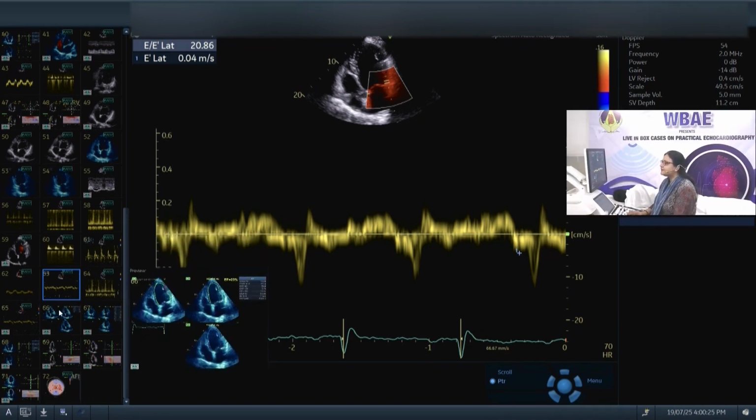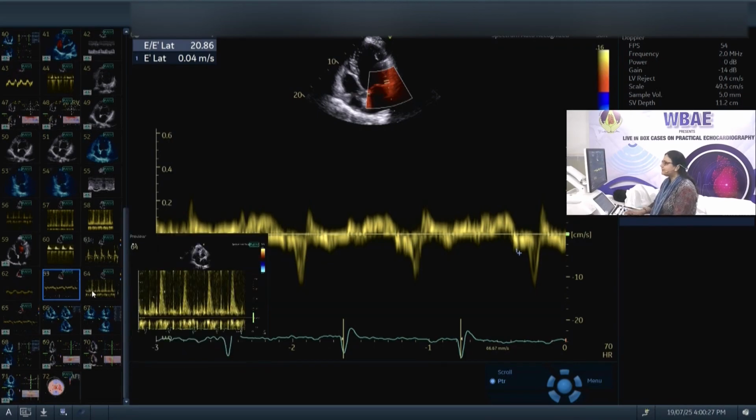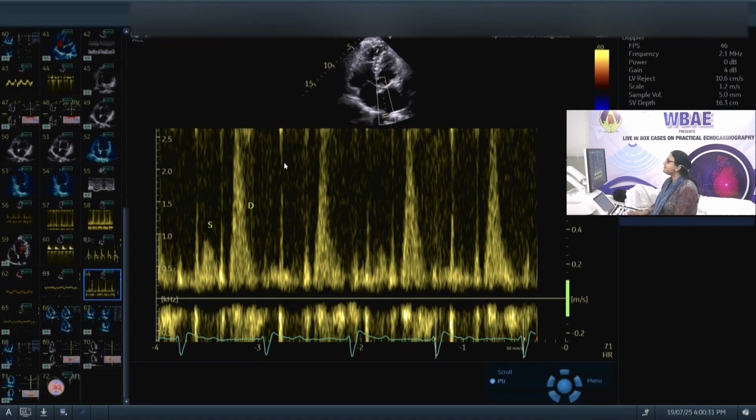Then to further assess the diastolic function, we did the pulmonary venous Doppler. Here you can see that there is a reversal of the systolic and the diastolic flow pattern. Normally the systole is more than the diastole, but here the systolic velocity is much decreased than the diastolic velocity.